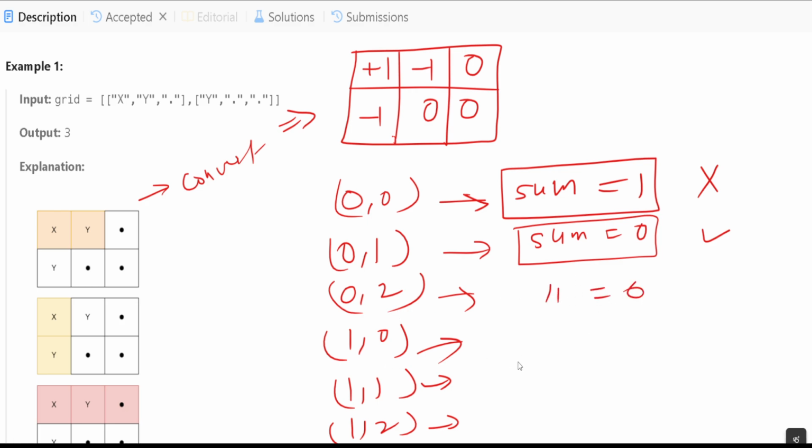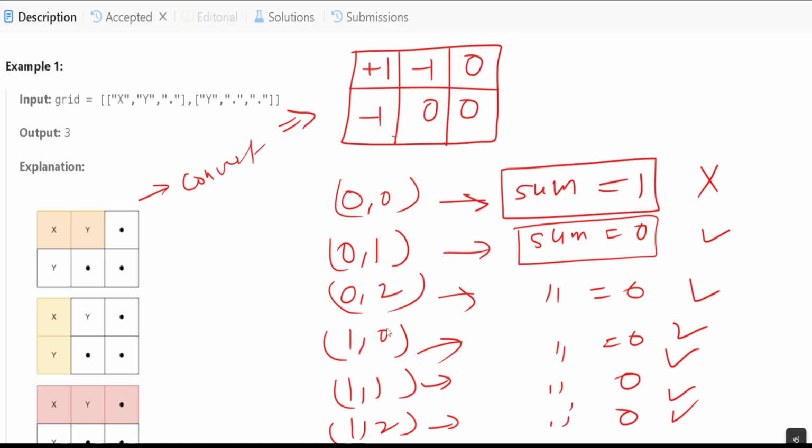For 1 0, the sum will also be 0. For 1 1 and 1 2, all these sums are valid. Only the very first one is not, because each submatrix should start from 0 0 to i j, but that is not happening.